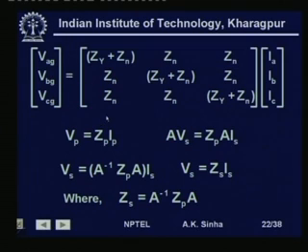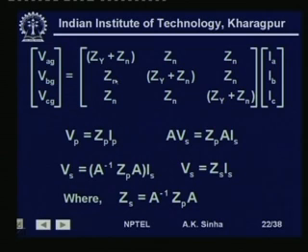In matrix form, we can write this as VAG is equal to Zy plus Zn into IA plus Zn into IB plus Zn into IC, and in the same way for VBG and VCG.